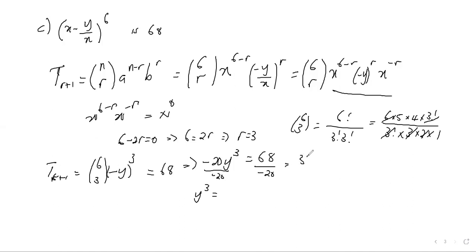We divide by 2 again. We get 17 over 5. So this is minus 17 over 5. So meaning that y is going to be the cube root of minus 17 over 5. Like that.